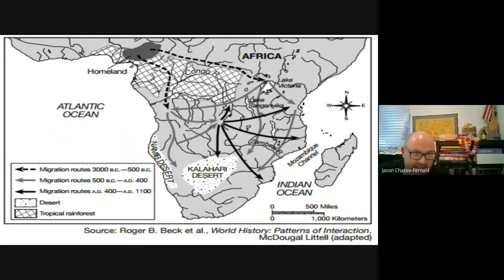So you will see the migration pushing to the north of that tropical rainforest. And you're also going to see it hit a wall in the deserts because, once again, agriculture in deserts is going to be impacted. So we see this migration pushing to the east, and then from there to the south.